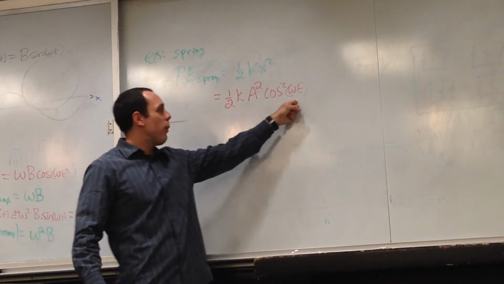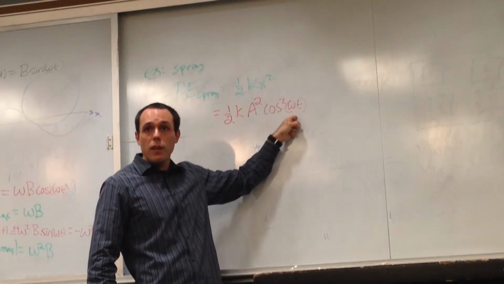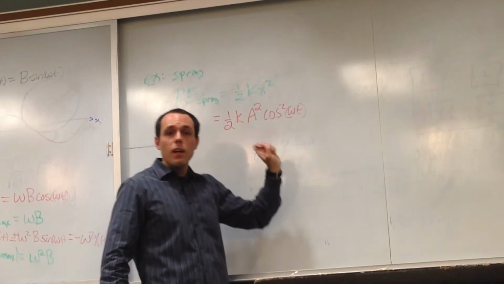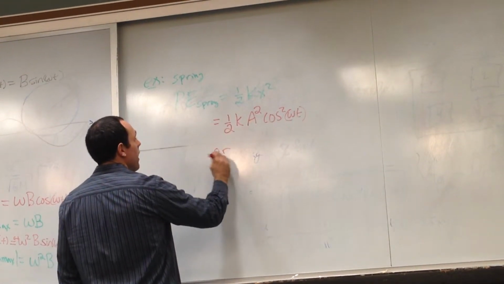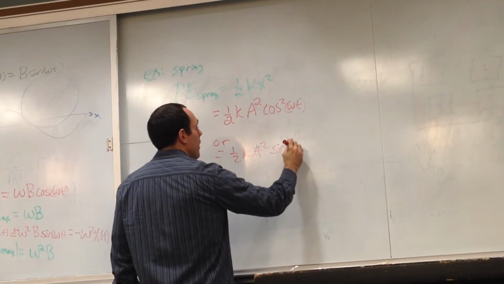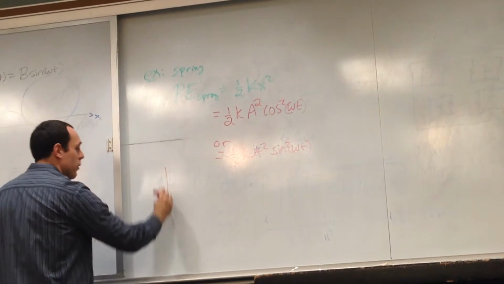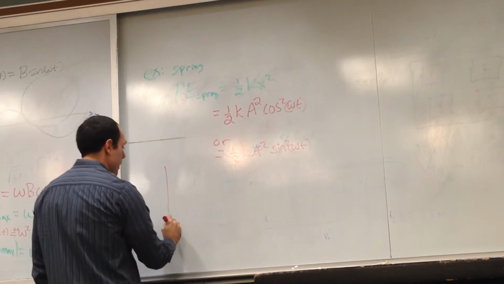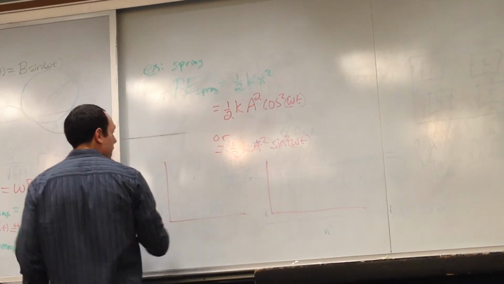Notice that at each point t, the value of cosine is changing, and thus the value of cosine squared is changing. But here's an important part. Whether this was cosine, or even if this was 1/2 k A squared sine squared omega t, cosine and sine share something very similar to each other. Let me draw their values here.